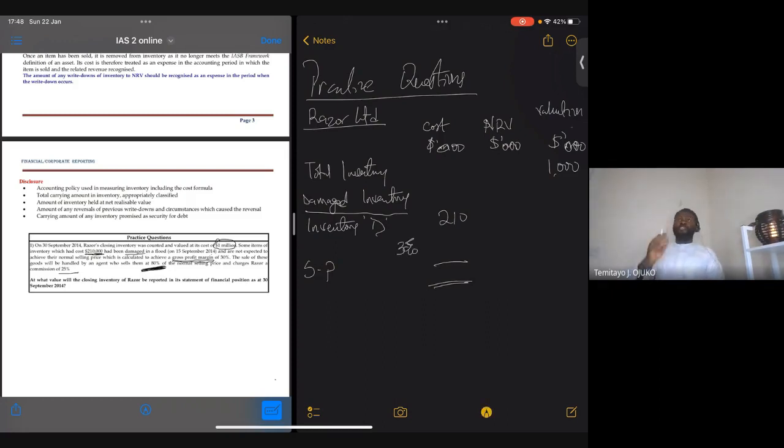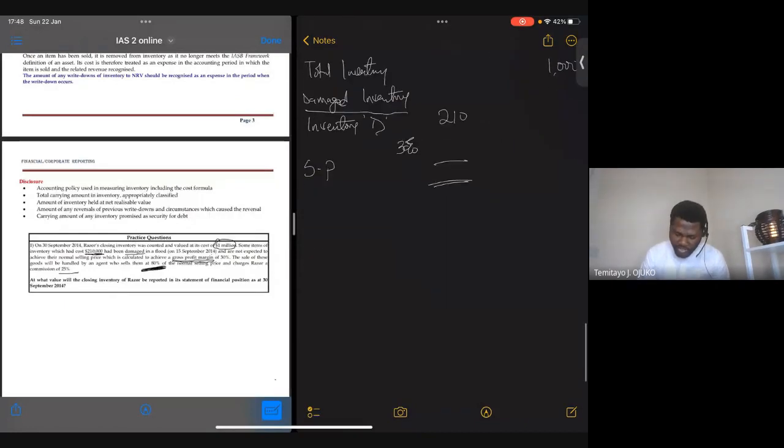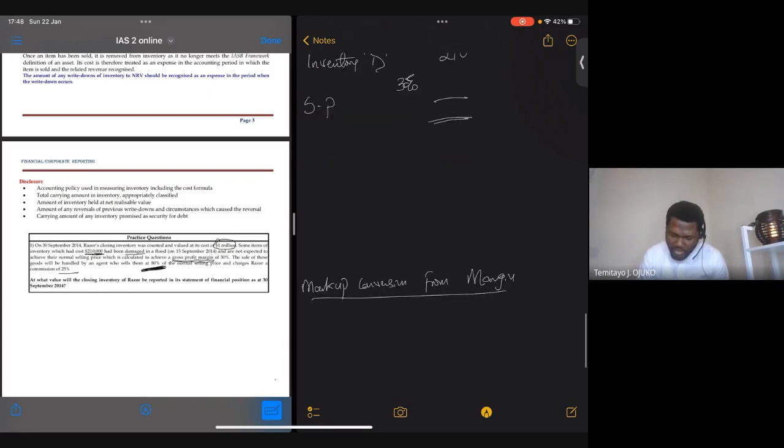If you can remember, gross profit margin, margin is on sales, right? And markup is on cost. Convert 30% margin to markup. So it's as simple. Markup conversion from margin. Margin is equals to what? These are little things that we need to take note of before we can solve this question very well.